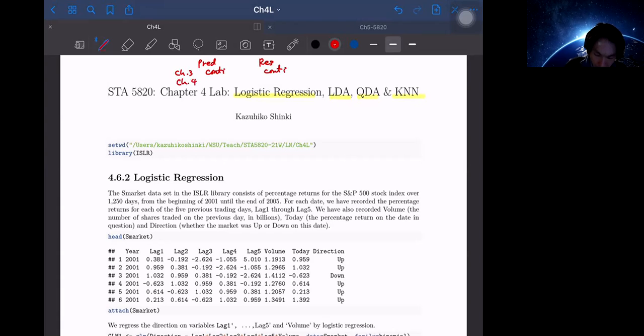In chapter 4, the response is categorical. The most basic case is binary, for example, logistic regression. But we have multinomial logistic regression for multiple categories, and LDA, QDA, and nearest neighbors can be applied easily to multiple categories.